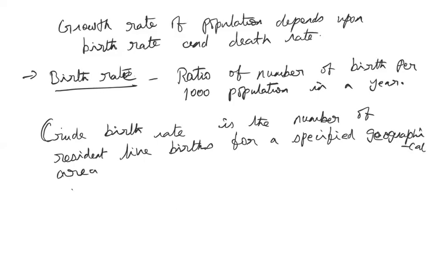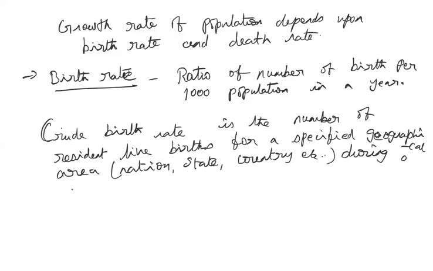As I mentioned, it can be a nation, it can be a particular state in a country, or it can be a country in the world, etc., during a specified period.